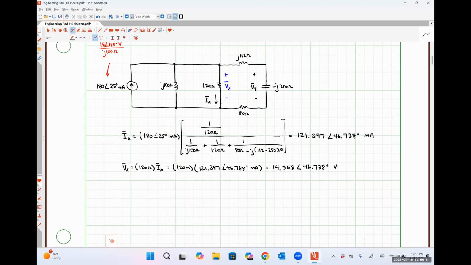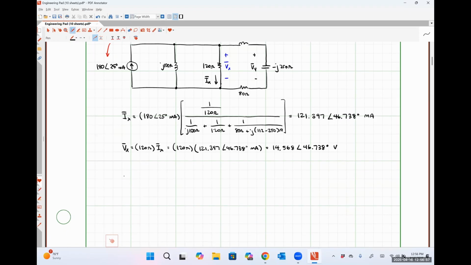Okay. So we can now do voltage division to solve for that voltage Vy. Vy would be simply equal to Vx multiplied by, once again, a ratio of impedances, where I put the impedance that I'm interested in finding the voltage drop over in the numerator.